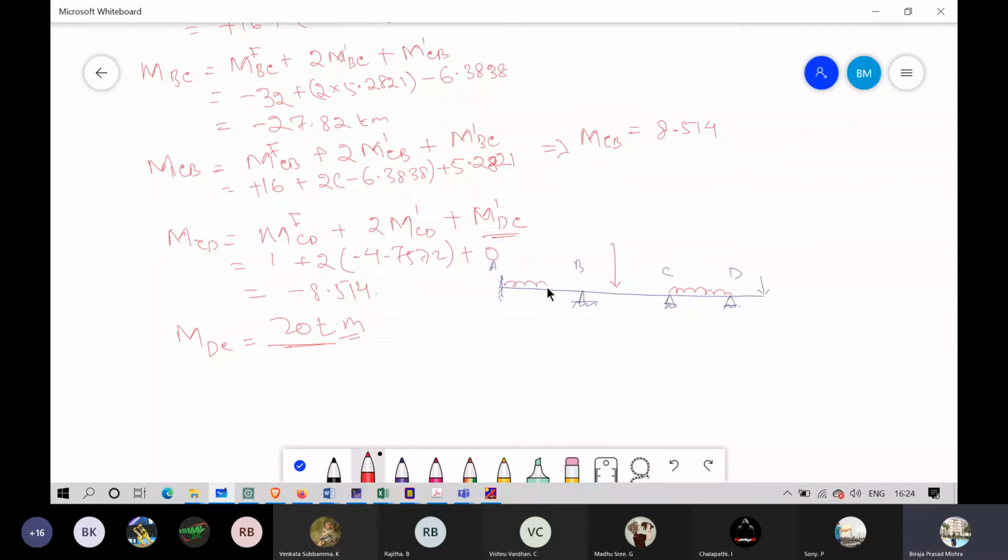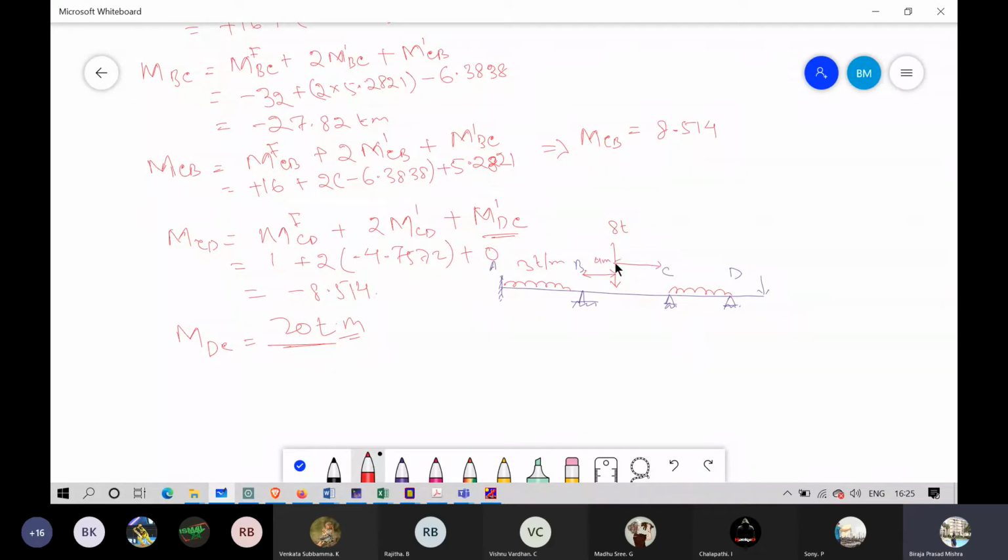So this is 3 ton per meter, this is 8 tons, and this distance is 4 meters.